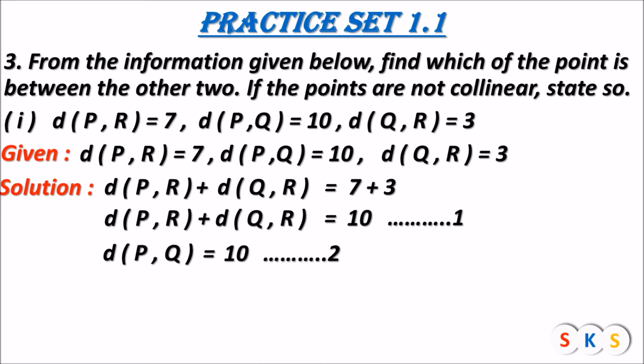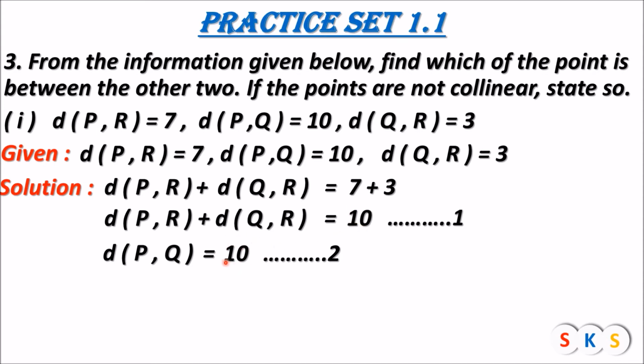Now here we will look at equations 1 and 2. You can see that equation 1 is over here and equation number 2 is over here. The right hand side of equation number 1 is 10 and the right hand side of equation 2 is also 10.